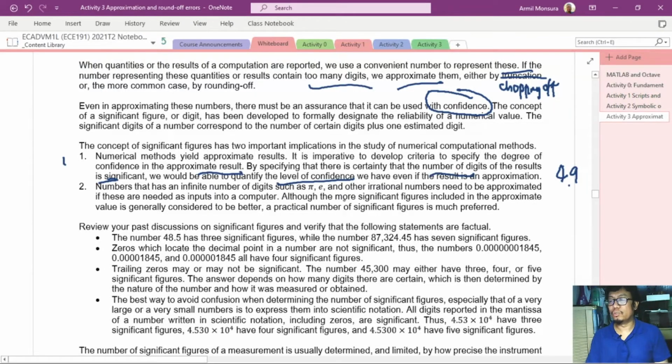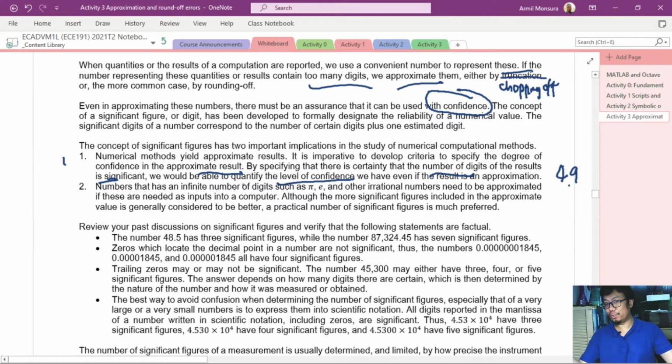Okay, so ayun, although more significant figures included in the approximate value is generally considered to be better, the more digits that you place in the approximate value, the better the approximation. Okay, but the thing is that the more numbers that you place, the more operations that your computer will perform. Okay, so therefore, babawi naman si computer.